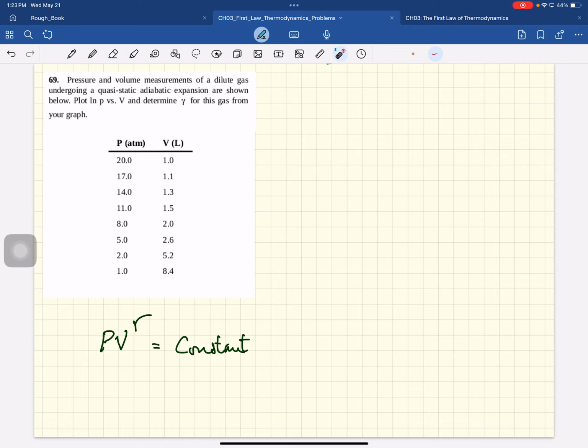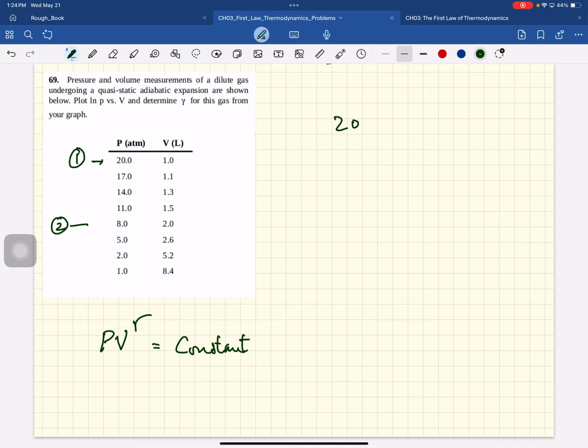Let's pick 2 easy points. This one, and we'll pick this one. Okay. So this will be 0.1 and this will be 0.2.